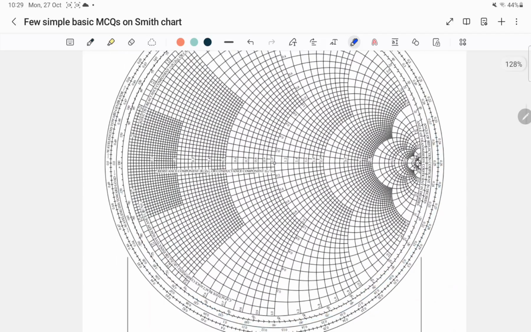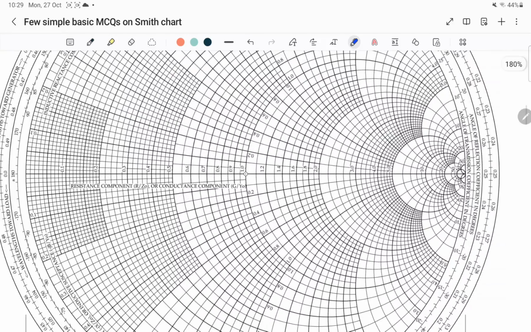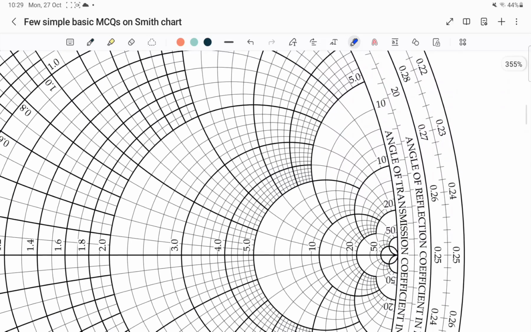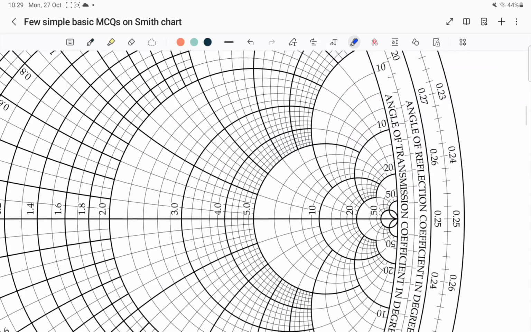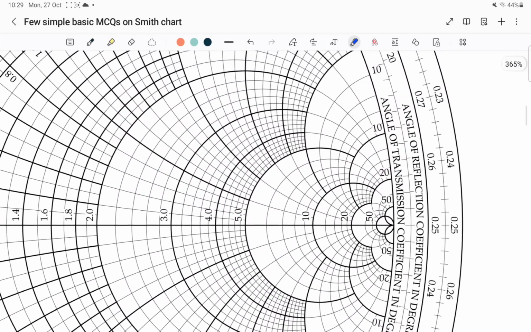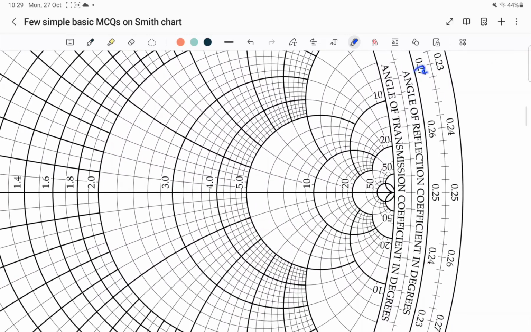Now let us see the next set of measurement scale which is given here. For that you will have to move towards the extreme right of the Smith chart. Here it is written angle of reflection coefficient in degrees.